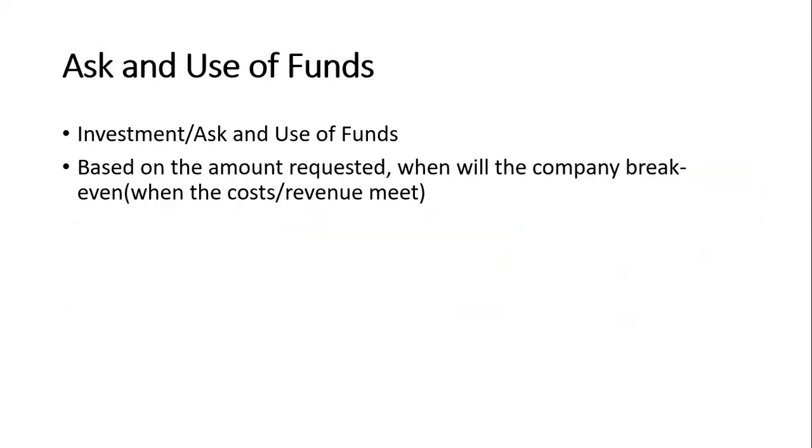Ask and use of funds. That is a very important slide. Now, on ask and use of funds, here you are just communicating the amount of money I need and on what basis. So, my dear colleagues, here you're asking: I need $100,000, I need 100 million shillings, in debt or in equity.